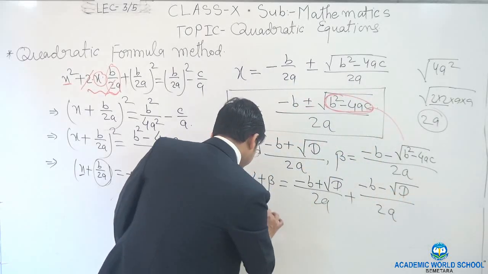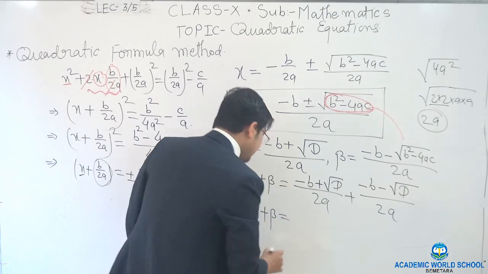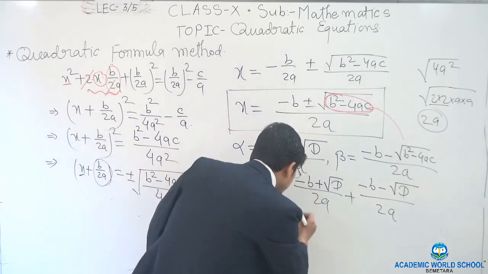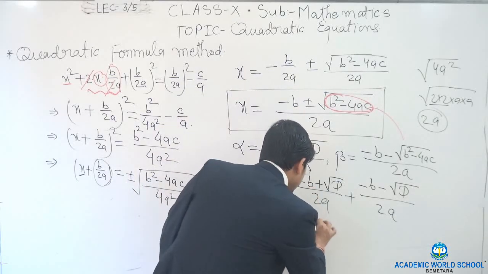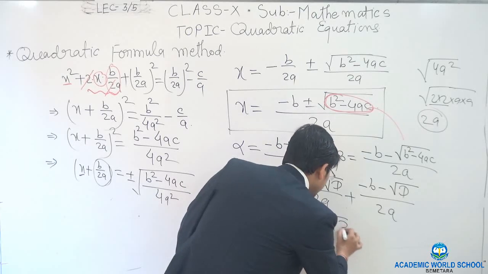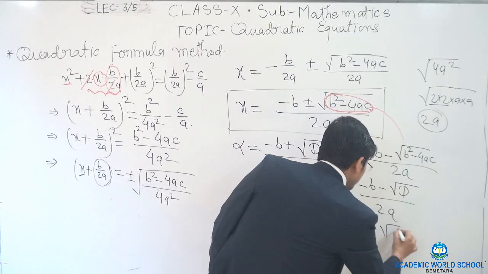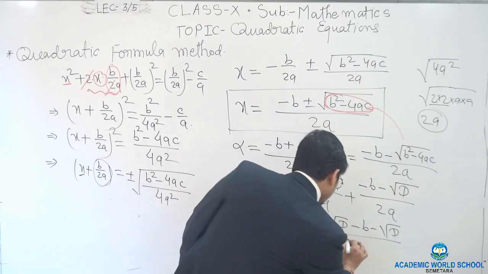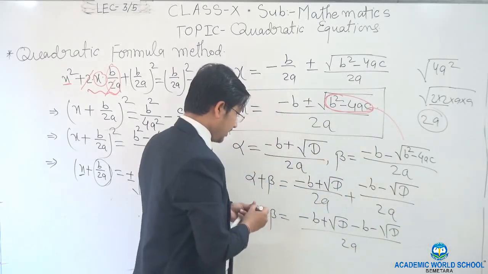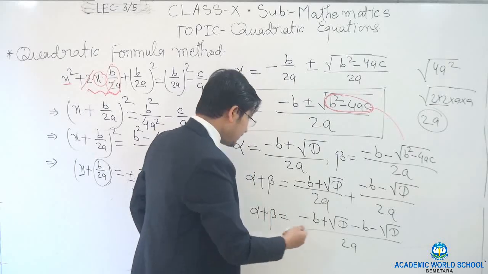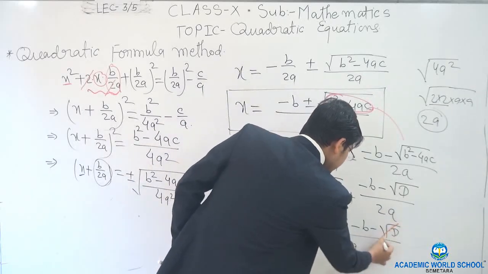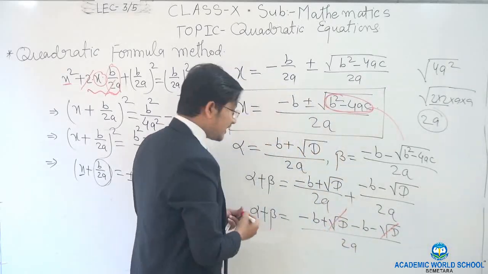So alpha plus beta will be equal to minus b plus root over D, and then again minus b minus root over D, upon 2a. Okay, so now this is minus D and plus D, this will be cancelled out.